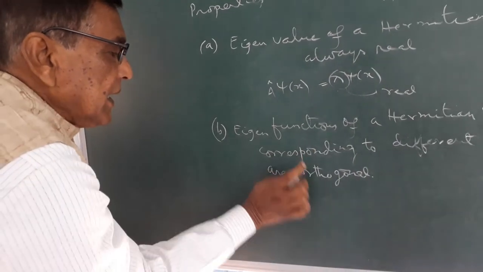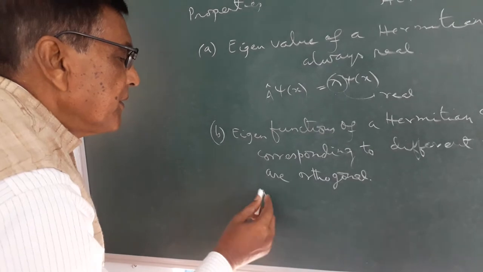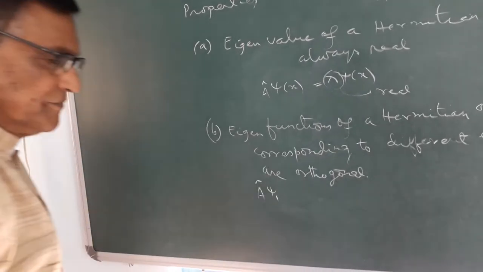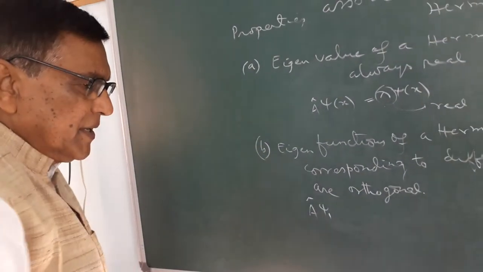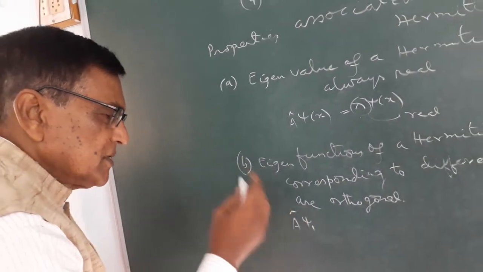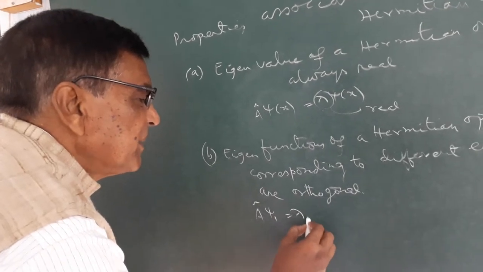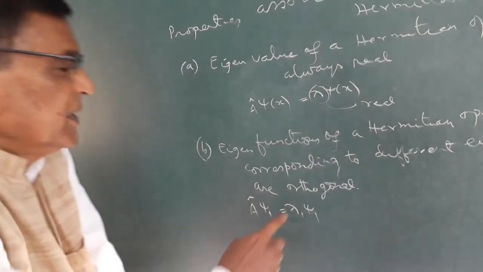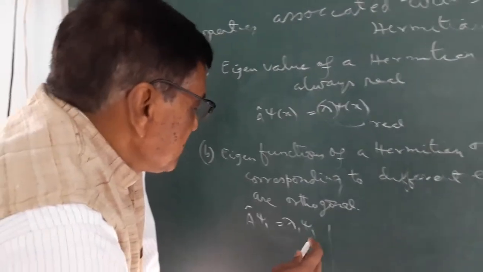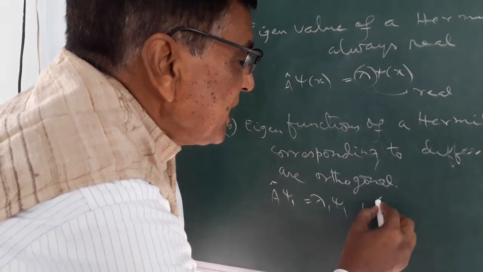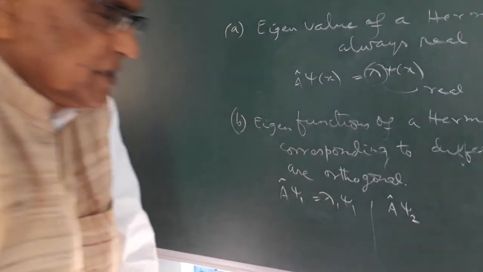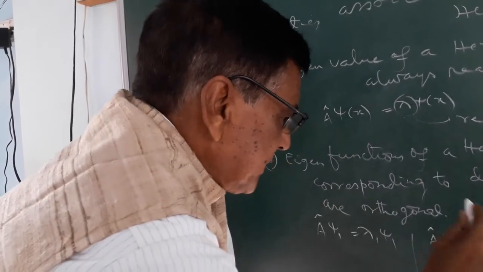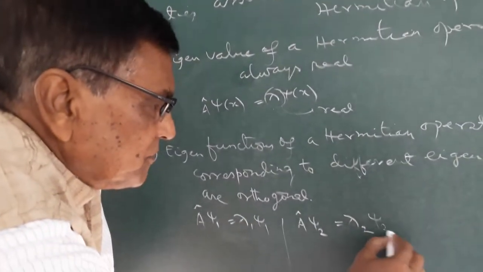Let A cap be a Hermitian operator and psi 1 an eigenfunction of this A cap, giving lambda 1 into psi 1. Lambda 1 is a physical property, a constant. For the same quantum mechanical system, A cap on another function, psi 2, gives lambda 2, another property, times psi 2.